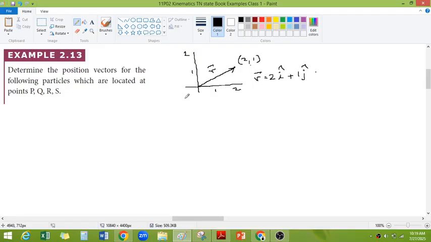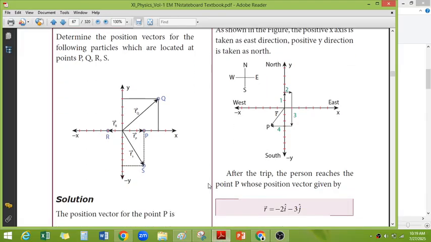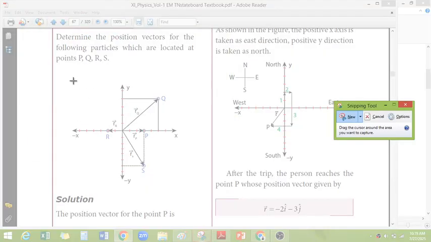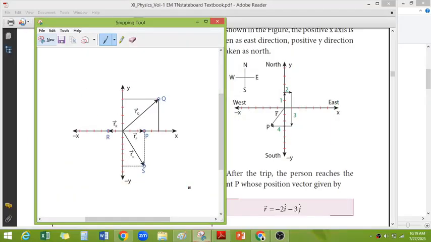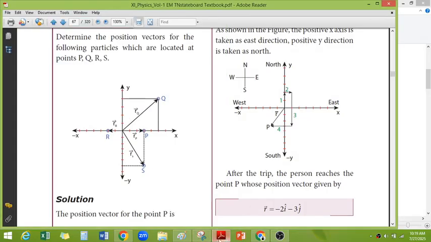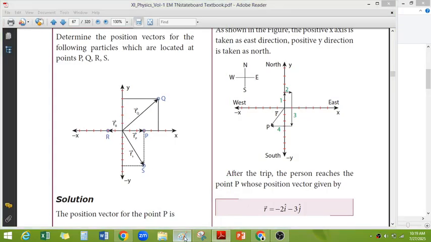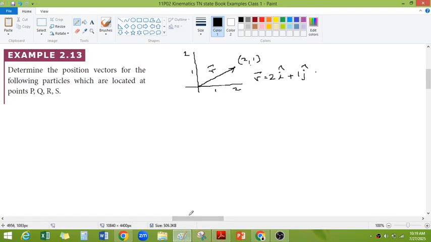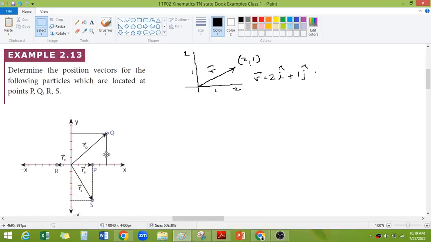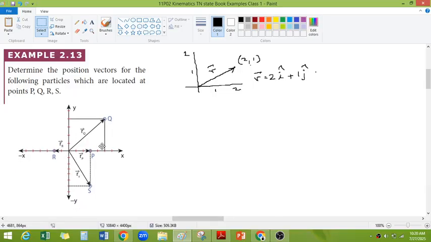Determine the position vectors for the following particles which are located at P, Q, R, S. So they are asking to find the position vector for P, Q, R, S. So P is here.